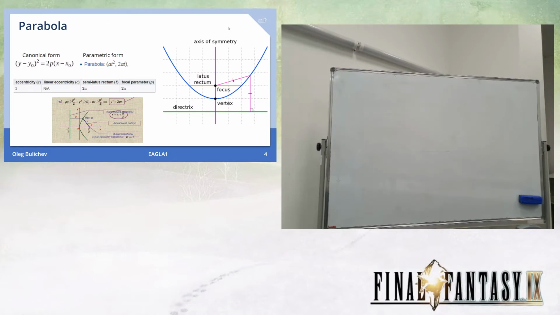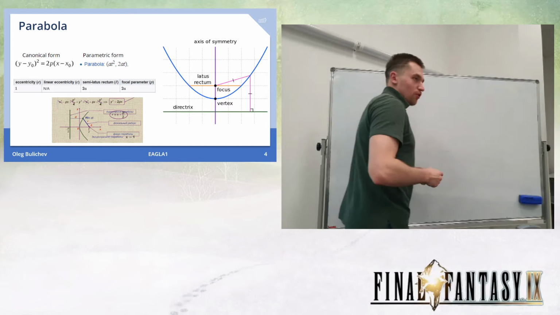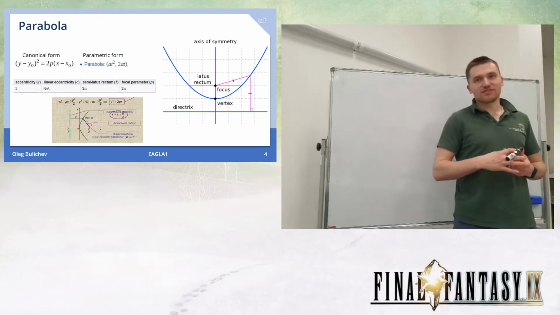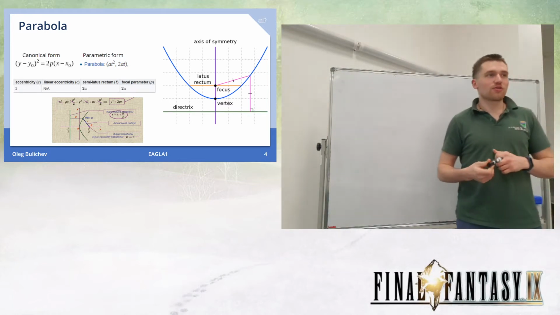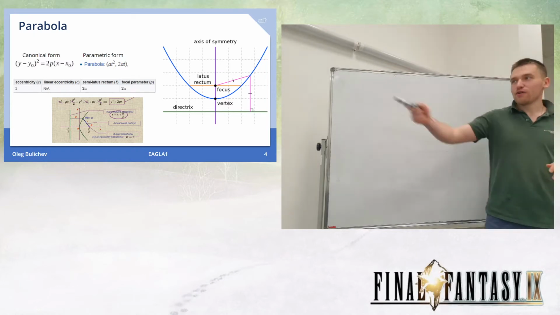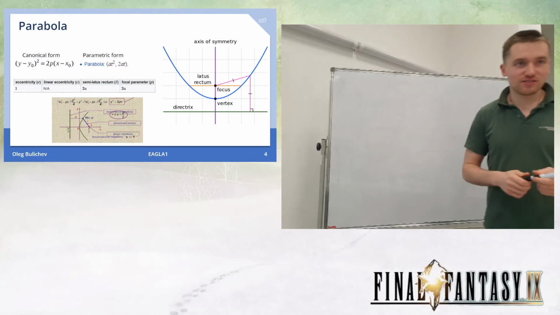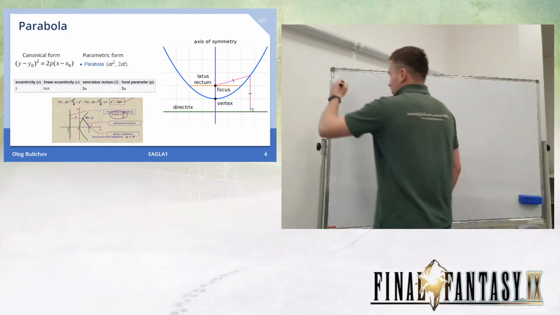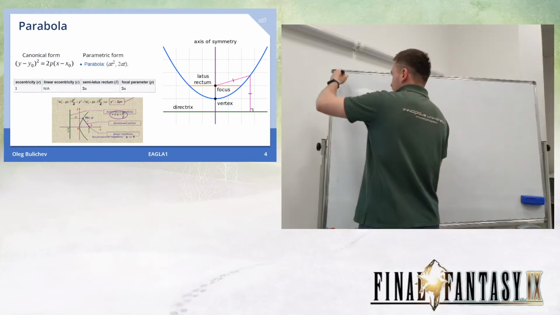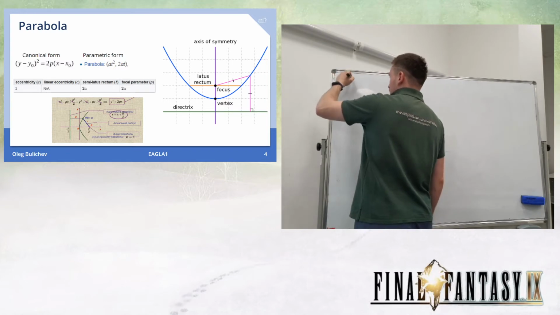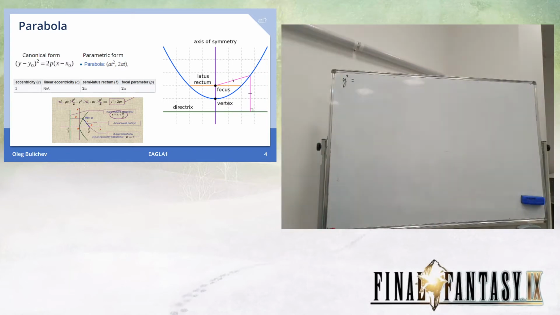Okay. First of all, what's the main problem with the parabola? We have two possible cases, 4p and 2p, and all the people are confused about this. In our case, we will use 2p. By the way, is it canonical form or not?